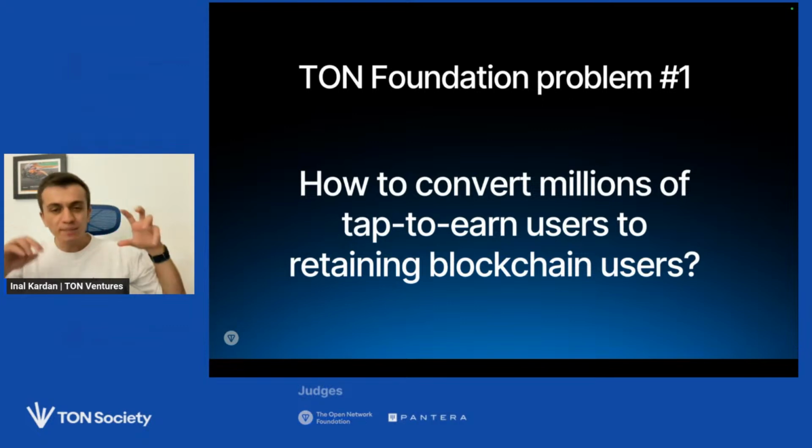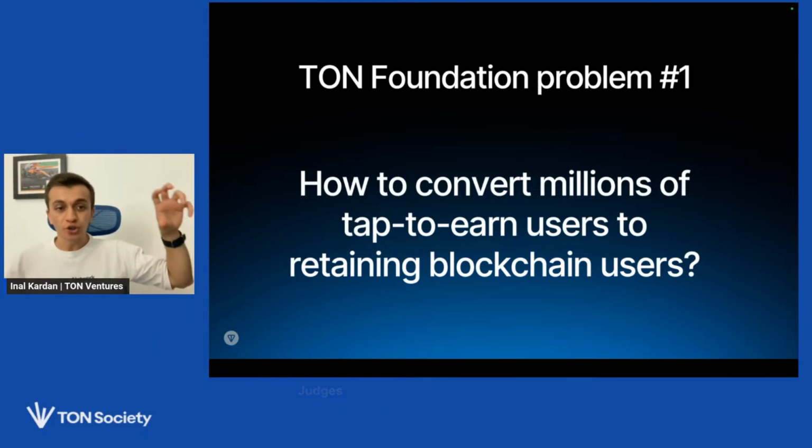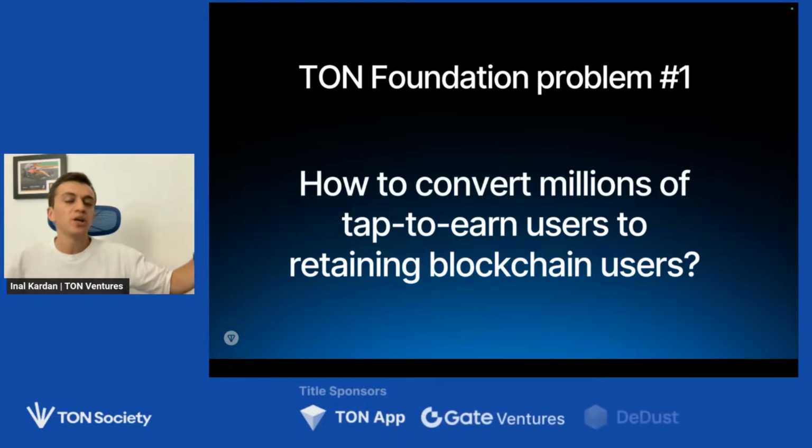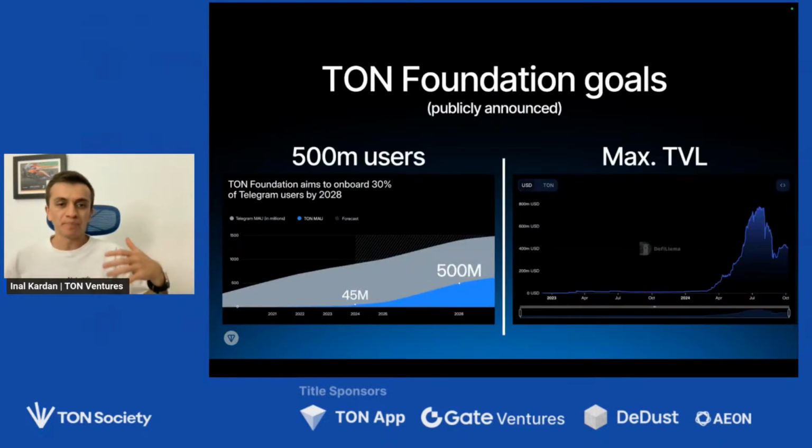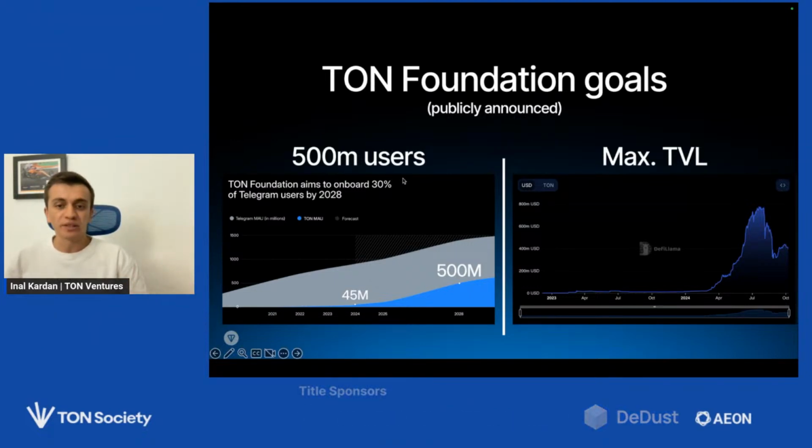And what I'm saying here is there are two metrics, two goals that you have to work on: attracting new users, attracting new TVL, and another problem that you can try to solve, retaining existing users. Because again, in the end, retaining users also contribute to the number of users, to these like 500 million users.